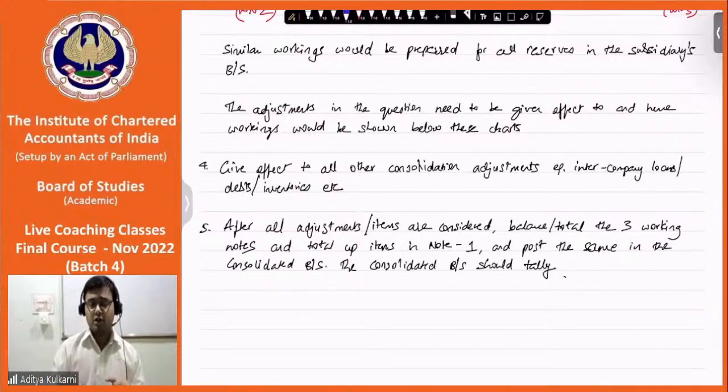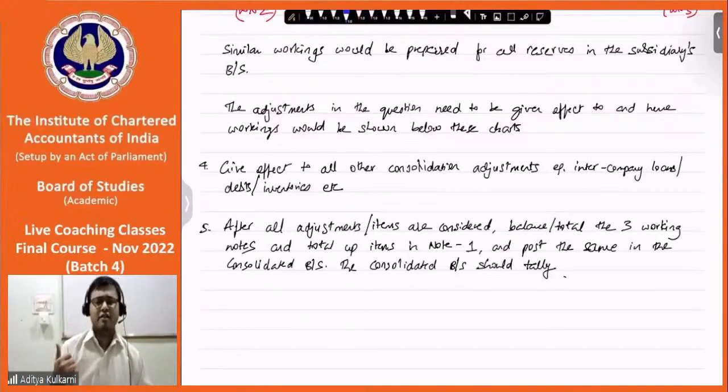When you control, you as the parent control the entire assets of the subsidiary. You are responsible for the liabilities ultimately, and therefore you as a parent are controlling 100% of the net assets of the subsidiary. That is why in the first initial working of our consolidation, we will do a line by line addition of the assets and liabilities. When we talk about assets and liabilities, we ignore 3 things.